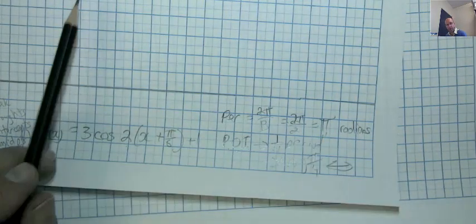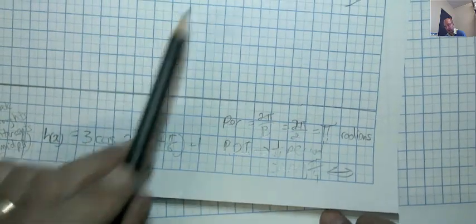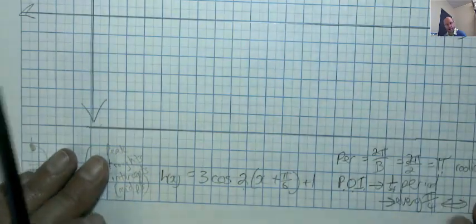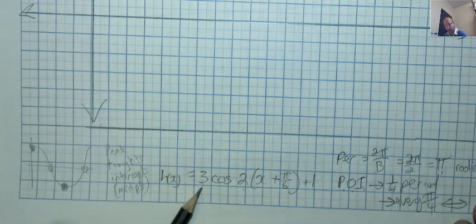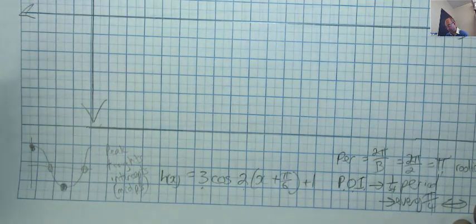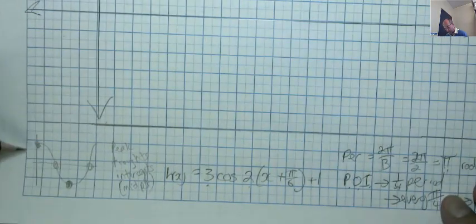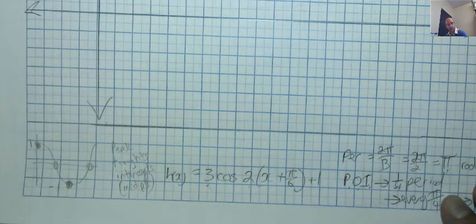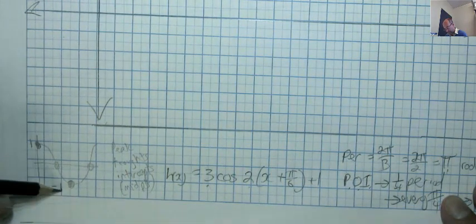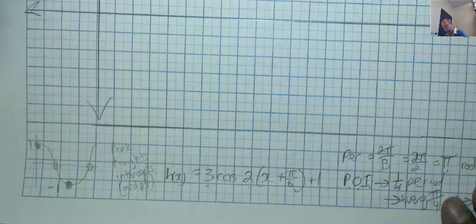So it gives us an idea on how we should set up our axis system. The other thing that gives us an idea is the 3. So it's going to have a dilation by a factor of 3 vertically, and so instead of going from 1 to negative 1 like it would on regular sine or cos, it's going to go up to 3 and negative 3.